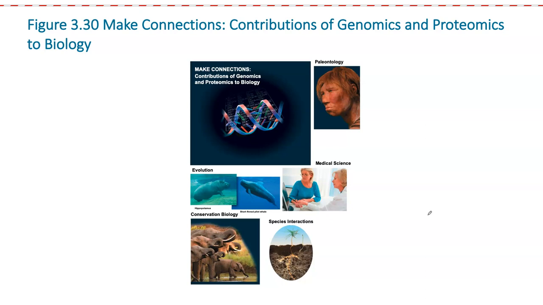We can look at DNA in evolution, medicine, conservation biology, and also how different species interact with each other. So understanding DNA is hugely important for understanding our modern society.